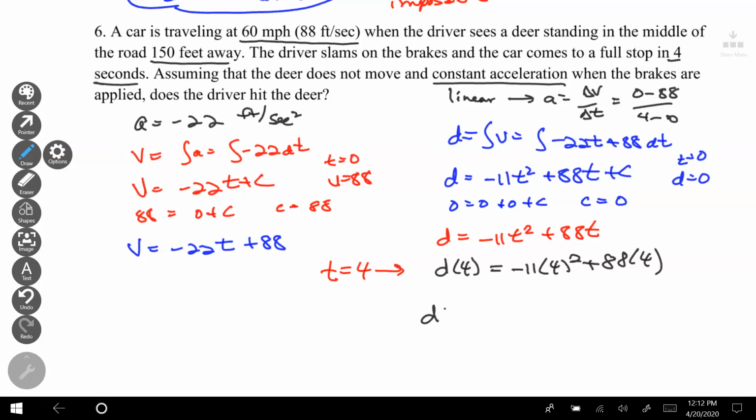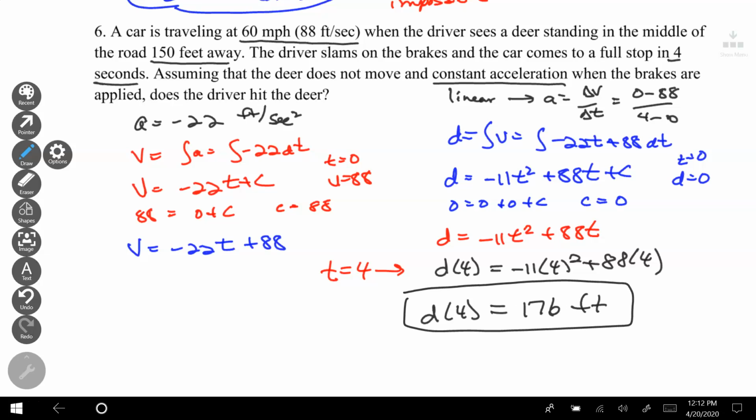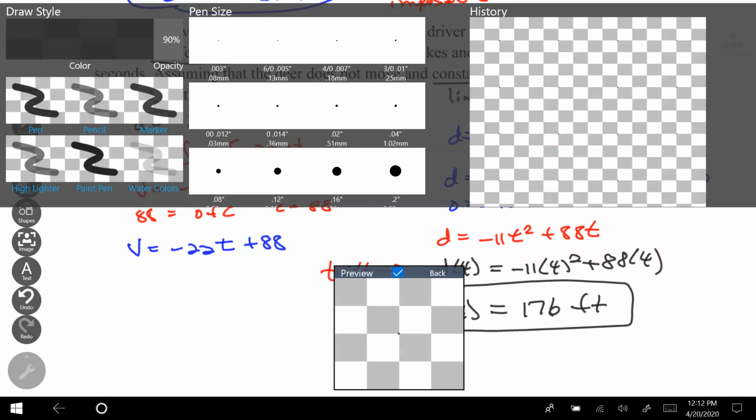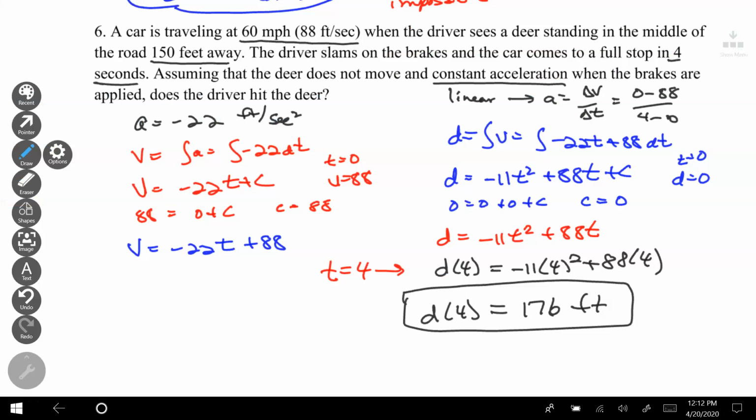So my distance traveled turns out to be 176 feet. That's how long it will take for the car to stop after it hit the brakes. Well, since the deer is only 150 feet away, yes, it gets hit. I think maybe we have a situation here.